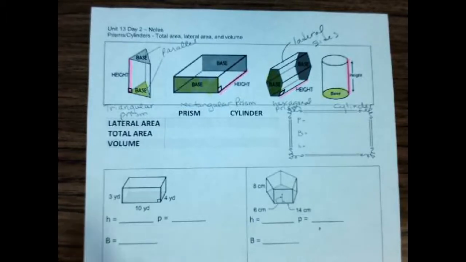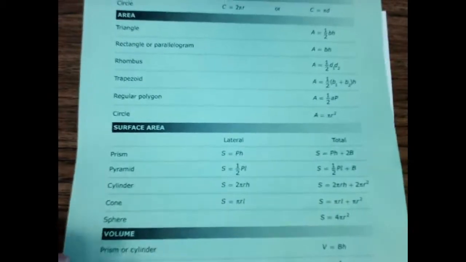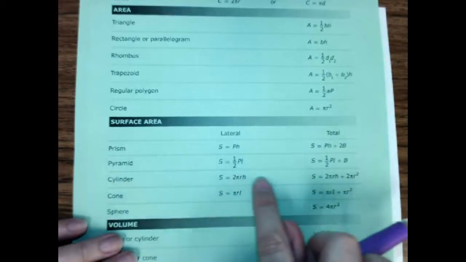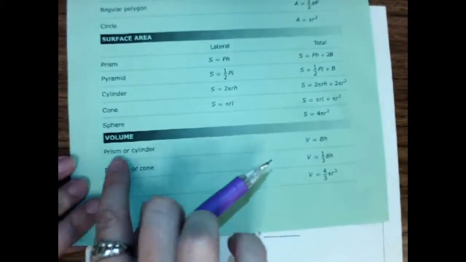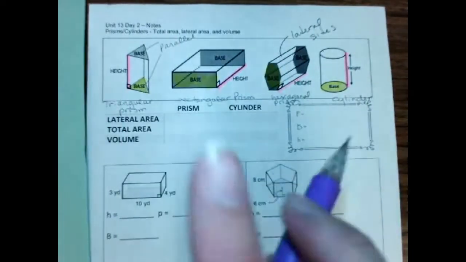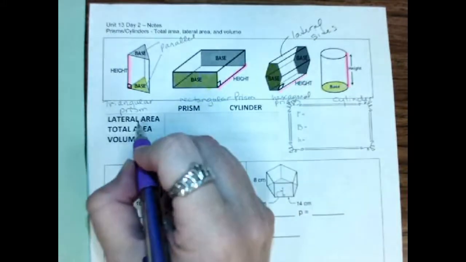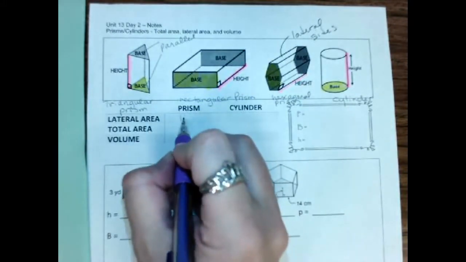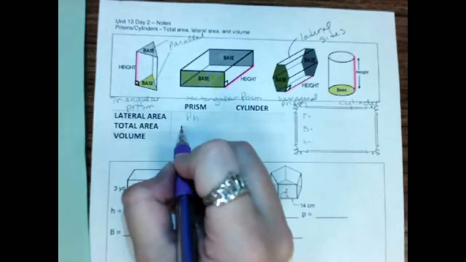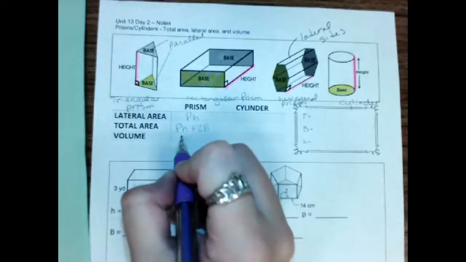Now the formulas, we're just going to take the formulas right off of our green formula chart. So we're looking at prisms here and cylinders, and then down here volume, prisms, and cylinders. So we're just going to copy these right off of here onto the little table I made on the notes for you. So the prisms, the lateral area is perimeter times height, and the total area for the prism is perimeter times height plus 2B, and the volume is base times height.